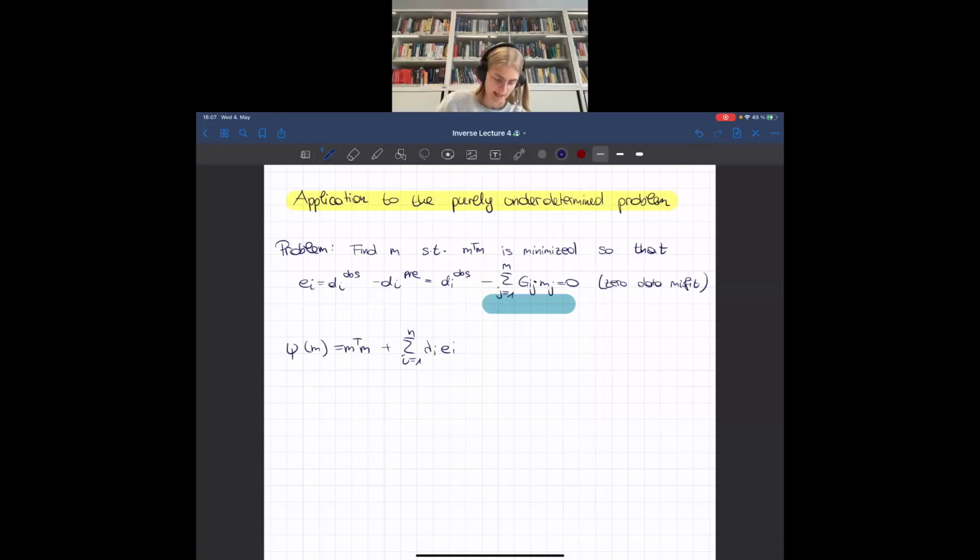So this is nothing else than the sum of m_k squared, and then we have the sum of lambda_i times d_i minus the model. And once again, I got rid of the observed we originally had, so the observed is now thrown away in this equation.